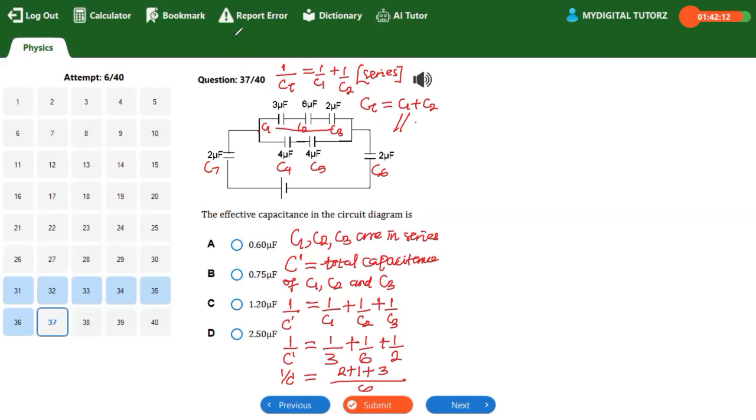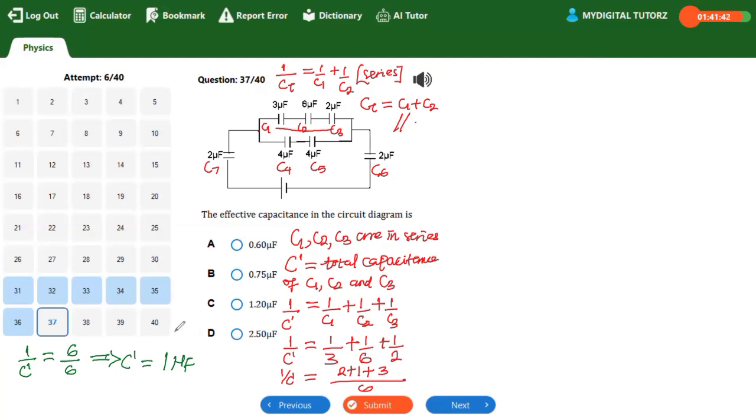So from here now, we can say our 1 over C prime will be equal to 2 plus 1 plus 3, that will give us 6 over 6. So whichever way we do, this implies that C prime is equal to 1 microfarad. This one multiplied by this divided by this gives you 1 microfarad.